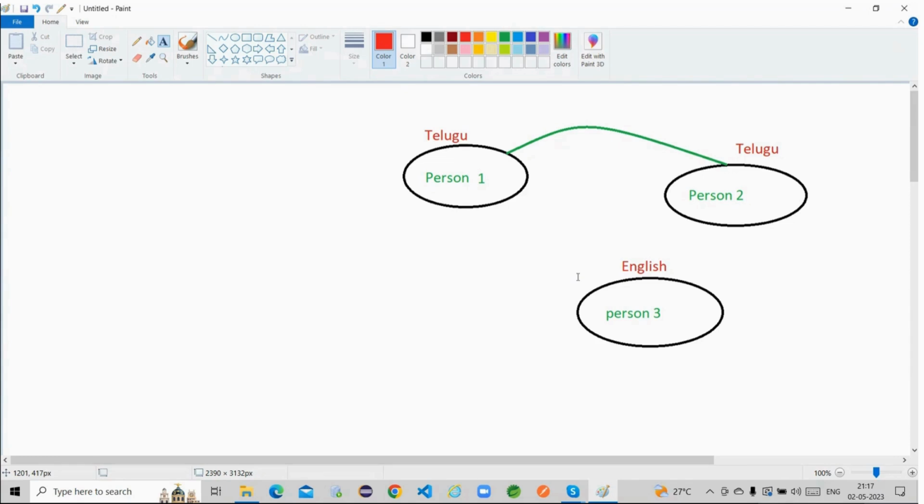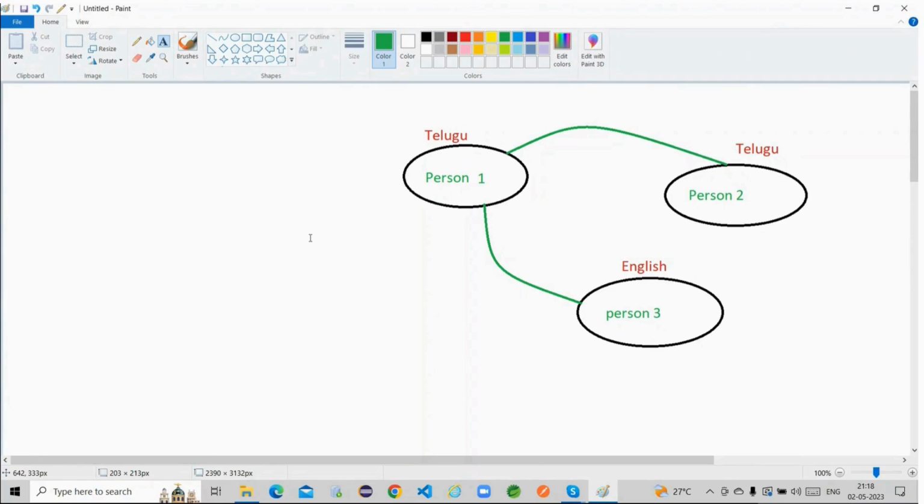Now, be careful. This third person is able to understand the English language. This first person can understand only the Telugu language, but still this first person wants to communicate with the third person. How is it possible? Is it possible to communicate with the third person or not, guys?